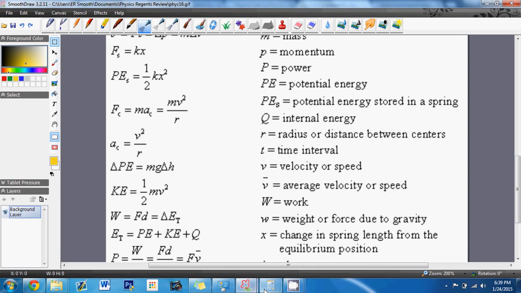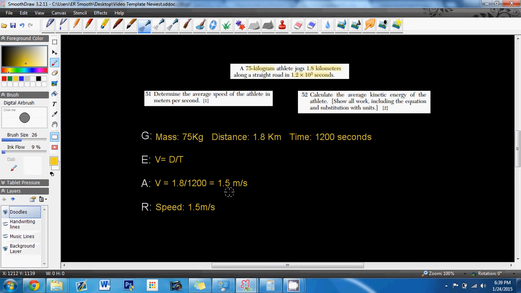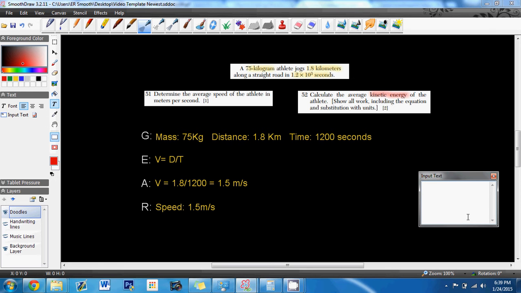Okay, so we move on. So you're trying to find the kinetic energy, and we already have our given. So the equation for kinetic energy is KE equals 1/2 mass times velocity squared.